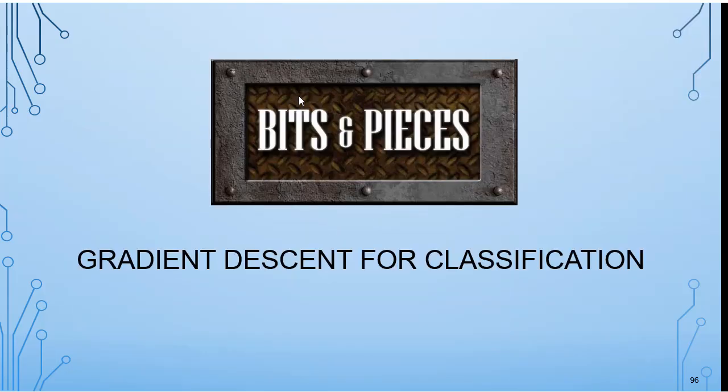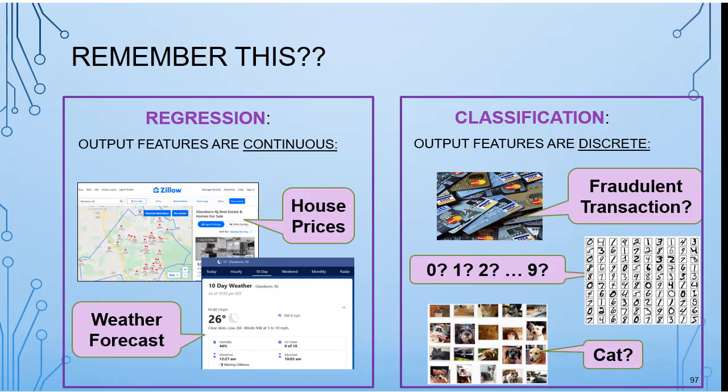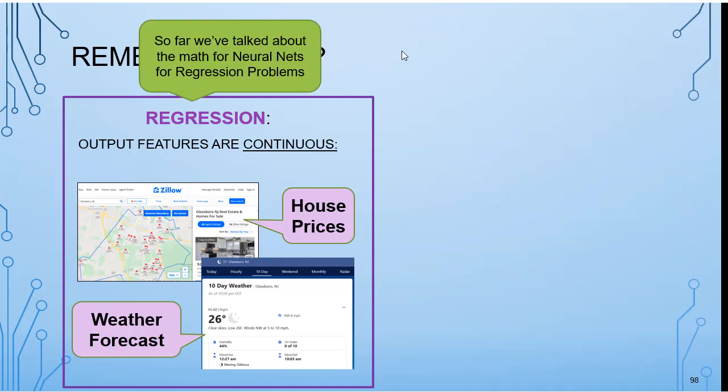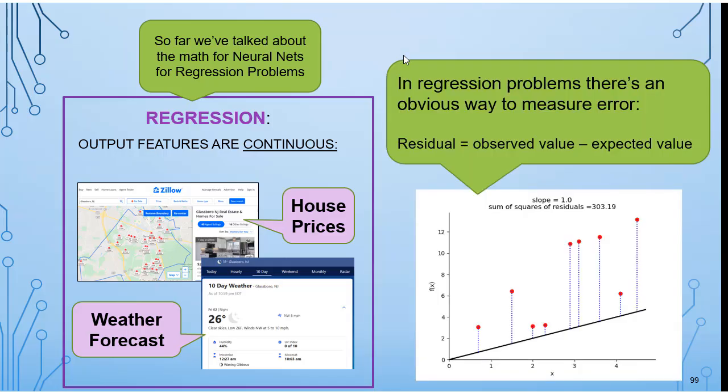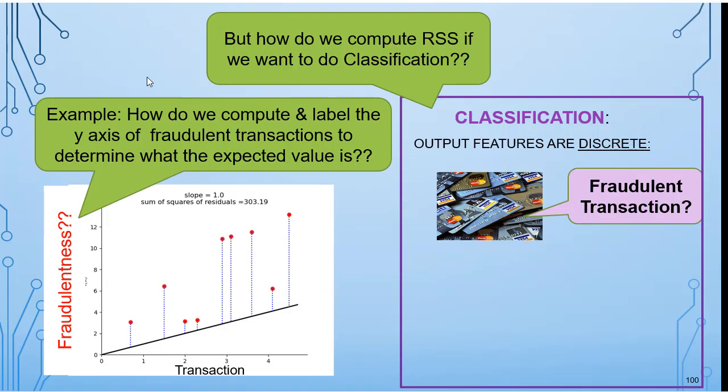Remember, of course, that we sometimes might want to do classification. We've been doing regression with our continuous output features, and it's pretty easy to measure error when we're doing a regression problem. But if your answer is for a fraudulent transaction, yes or no, then we need to make sure that our output is yes or no. Lots of ways to do that.